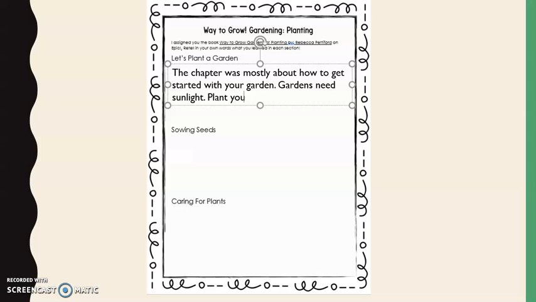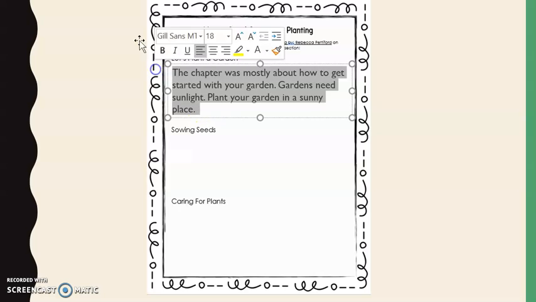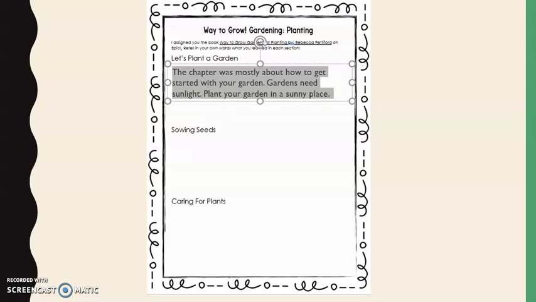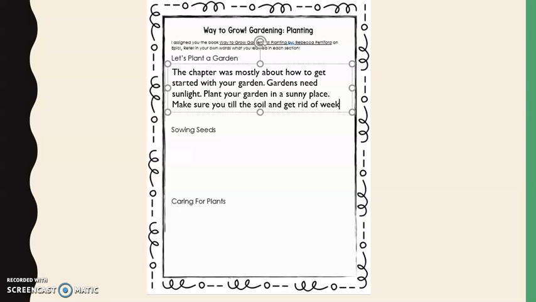Plant your garden in a sunny place. Next, I need another fact. Well, another fact I learned was that you need to till the soil and get rid of weeds. Make sure you till the soil and get rid of weeds.